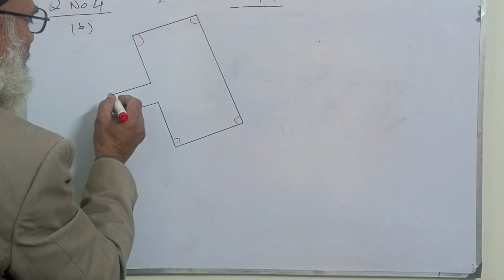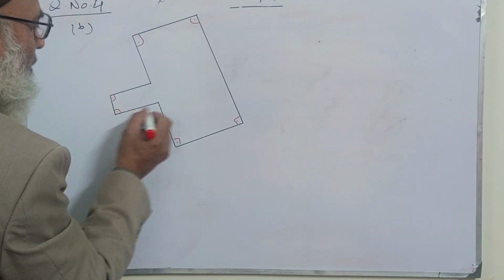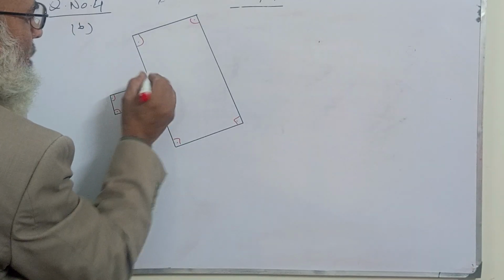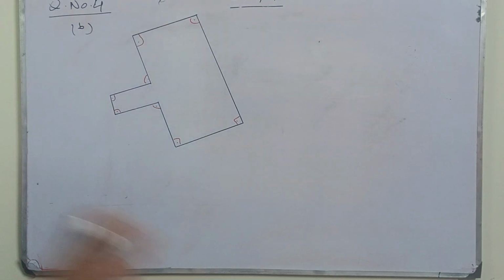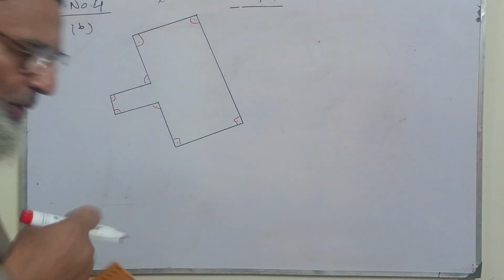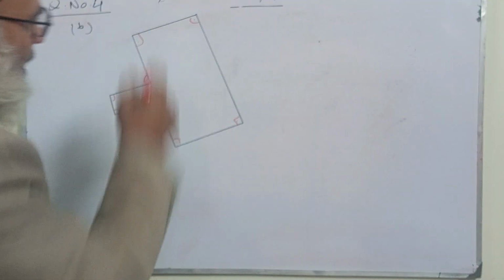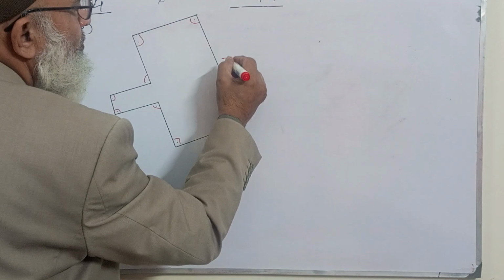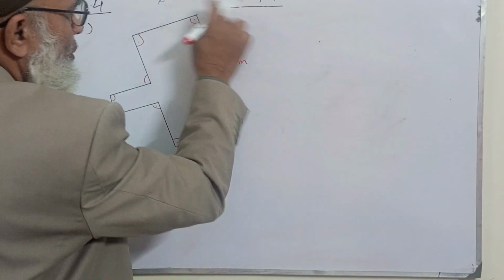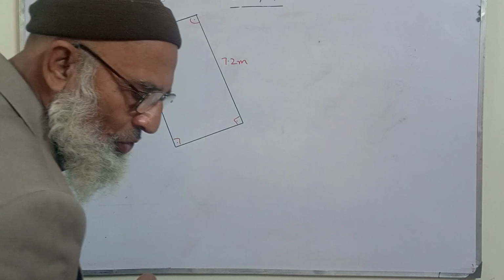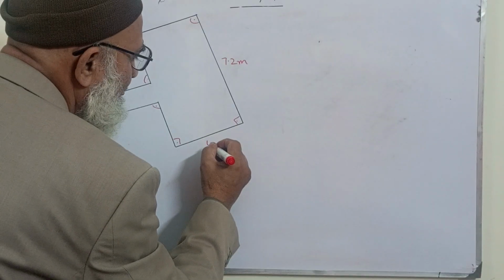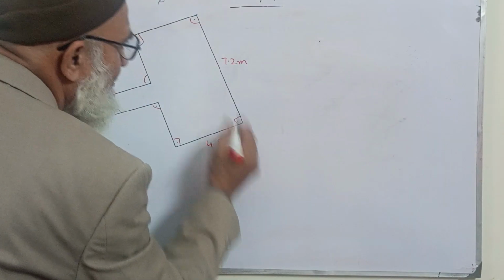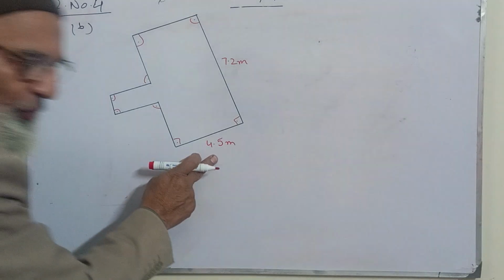All the corners are at right angles. This is given, I am not doing it myself. Now this side is 7.2 meter, and this is 4.5. You will understand that this side is 7.2, this is 4.5.